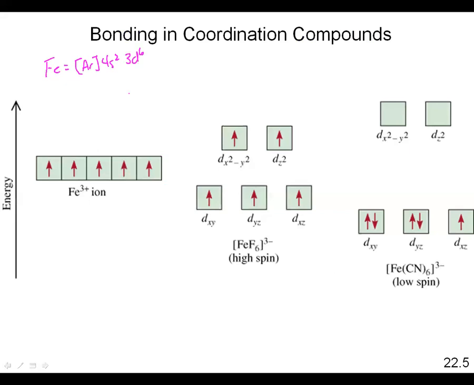Now, when iron becomes +3 in terms of its charge, as we talked about before, the first electrons that are lost are our s's, right? And that's 2 electrons. Then we need to lose one of the electrons there, and that gets us to an electron configuration of argon 3d5. So these 5 d electrons are these guys over here.